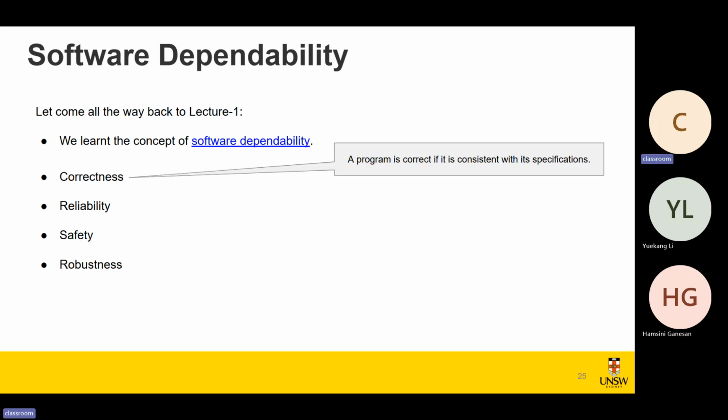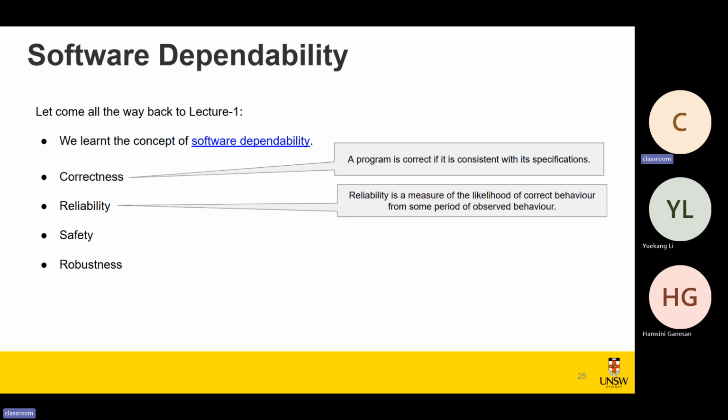For correctness, a program is correct if it is consistent with its specifications. Reliability is a measurement of the likelihood of behaving correctly during the observed period of time.